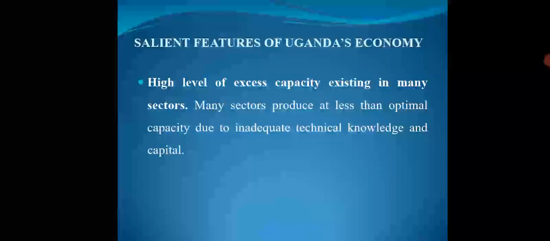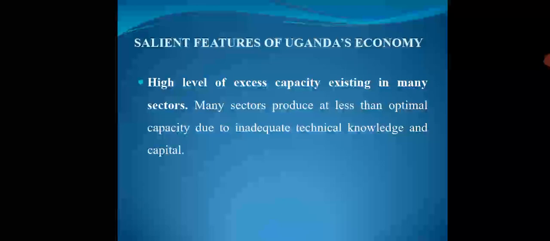So we move ahead to the next feature, high level of excess capacity existing in many sectors. So many sectors produce at less than optimal capacity due to inadequate technical knowledge and capital.